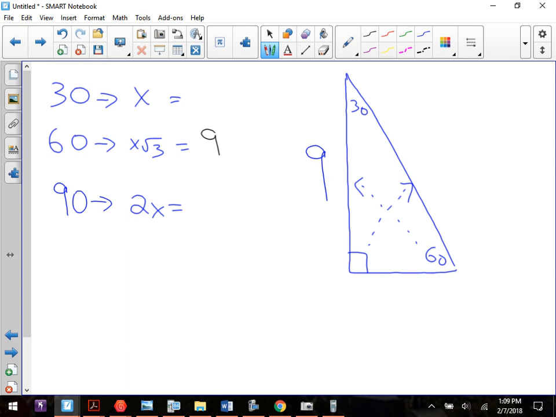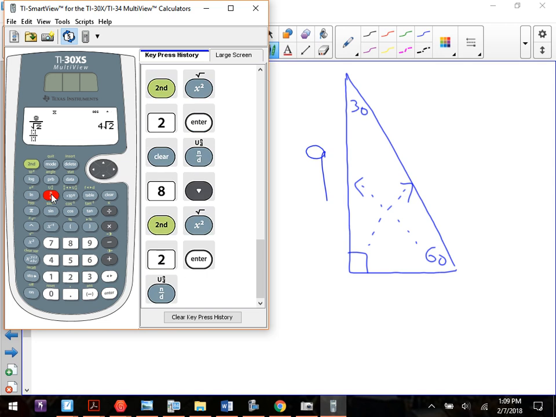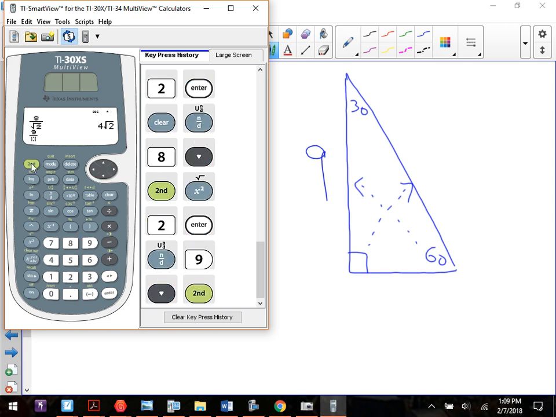So how do you solve for x? What do I divide by? Which is it? No. How do I solve that equation? I divide by the square root of 3. In your calculator, you take 9 and you divide it by the square root of 3. So you type in 9 over, you got it, over root 3 and hit enter.